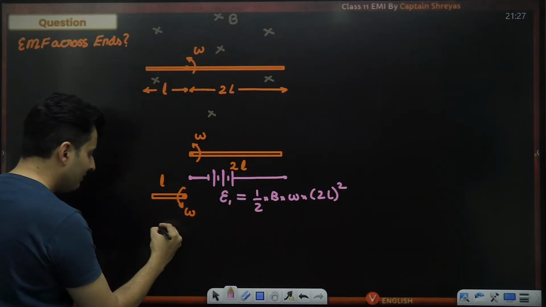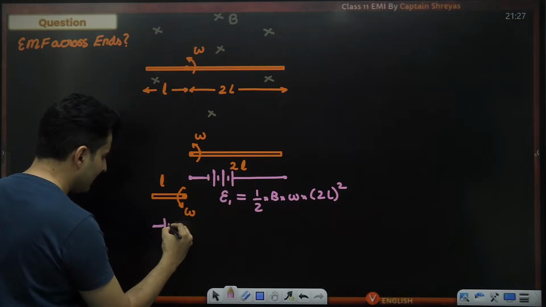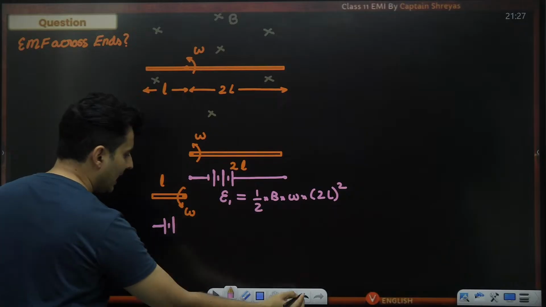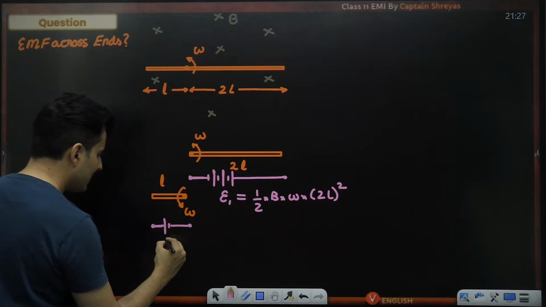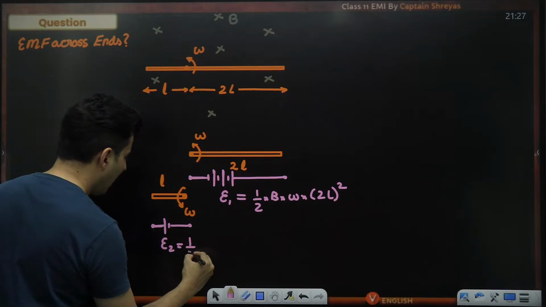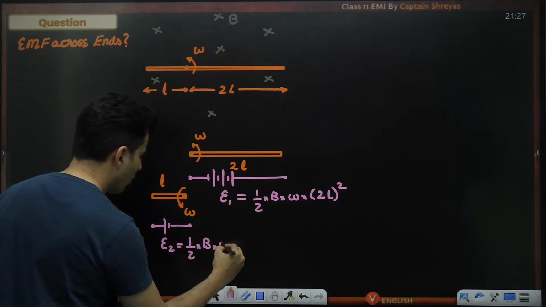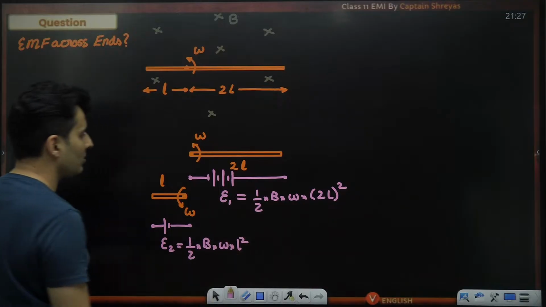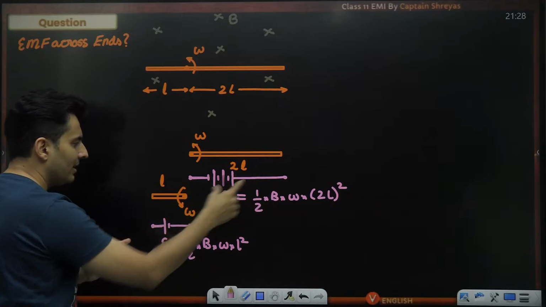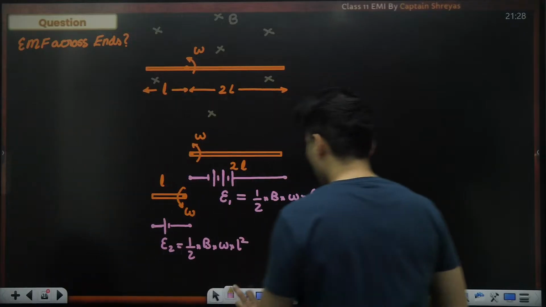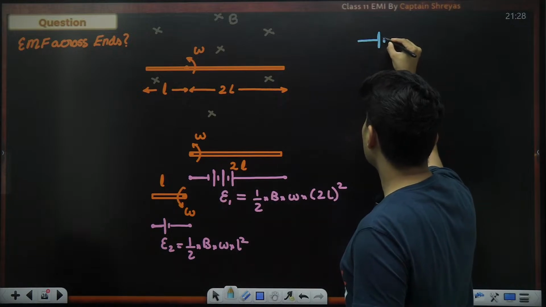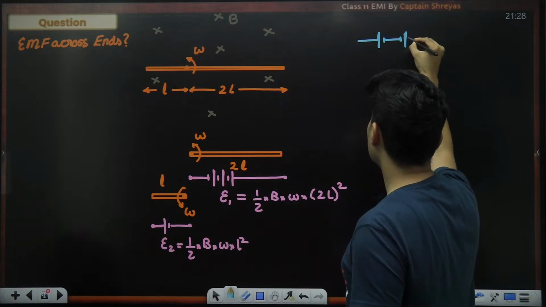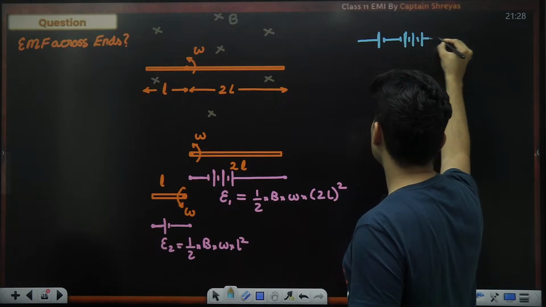This rod will also behave like a battery, but it will be facing exactly opposite direction. That is the most important part. And this EMF will be half B omega, this will be just L square. Now these two batteries, if you combine them together, how will it look like? There is one battery facing like this, and then there is another battery which is facing like this.